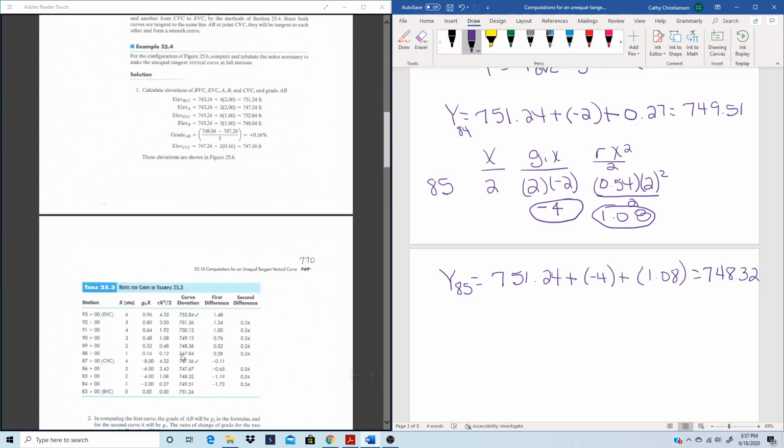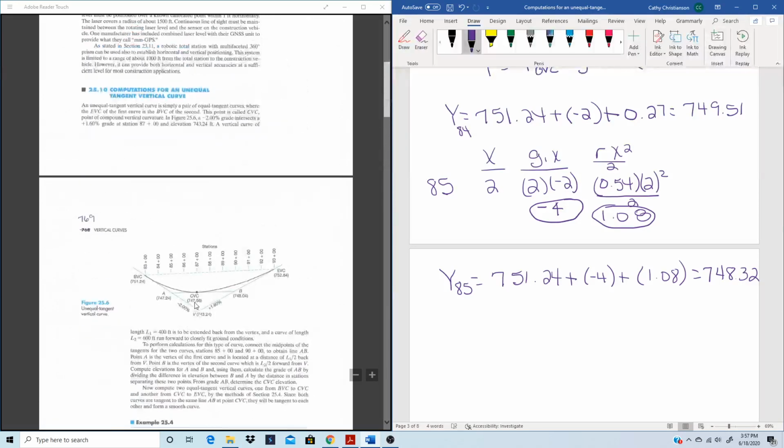This now is going to be our beginning vertical curve for the second curve. Our G1 is going to be that 0.16. So this grade now is our G1 for the next curve, and this would be our G2 for the next curve.